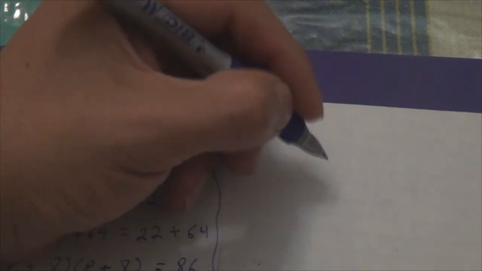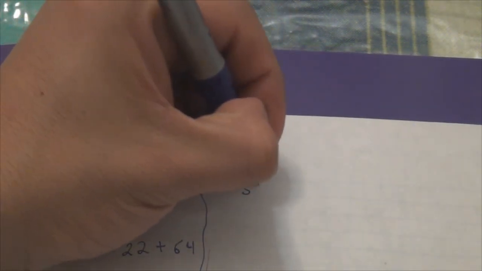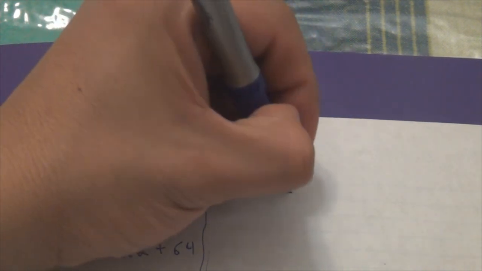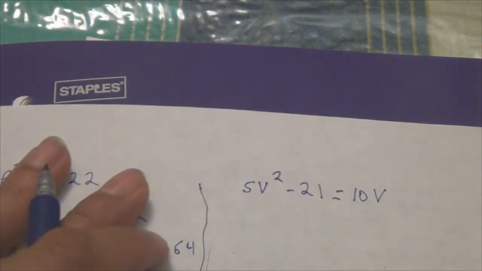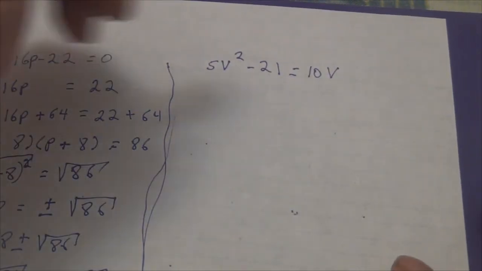I want to do one that doesn't have a coefficient of 1 so you can see what's going on. Okay, good. Let's try this one for size: 5v squared minus 21 equaling 10v. Okay, we're going to do that one. Let's see what happens when I do that.